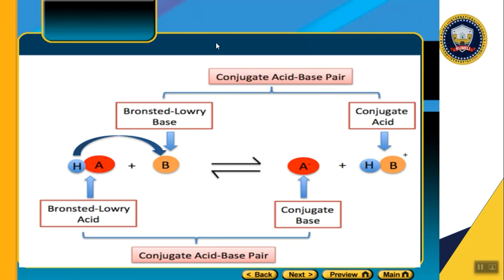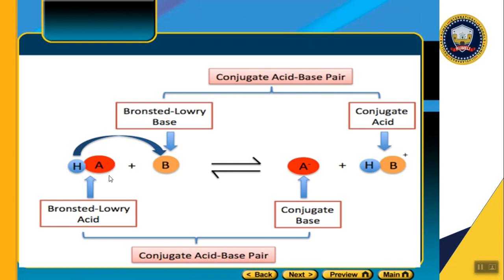Today we will highlight the Bronsted-Lowry theory, which explains that the acid is the part of the reaction which donates a proton, and the base is the part of the reaction which accepts the proton.